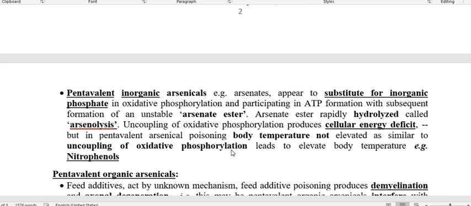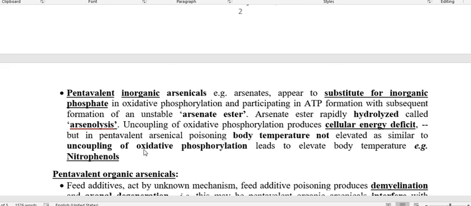One important point is that this is called uncoupling of oxidative phosphorylation. It does not couple with the similar mate but with the dissimilar mate, that is arsenic, and therefore there is low energy.